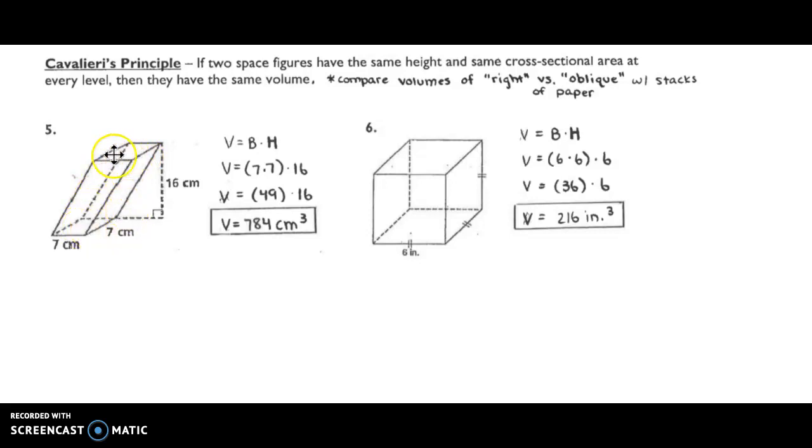Well, the volume doesn't change inside. And so that's Cavalieri's principle. If the stack of paper was standing straight up versus the stack of paper that's leaning, the volume doesn't change. That's what Cavalieri's principle says.